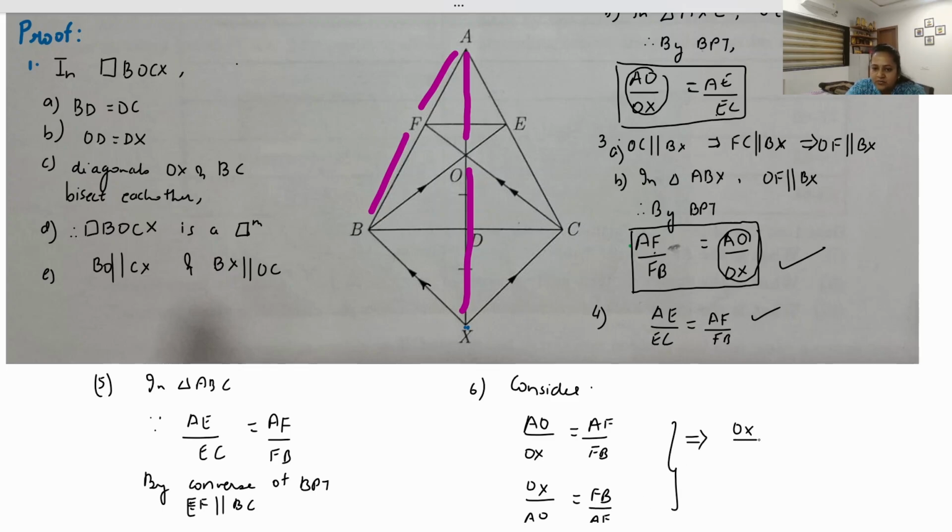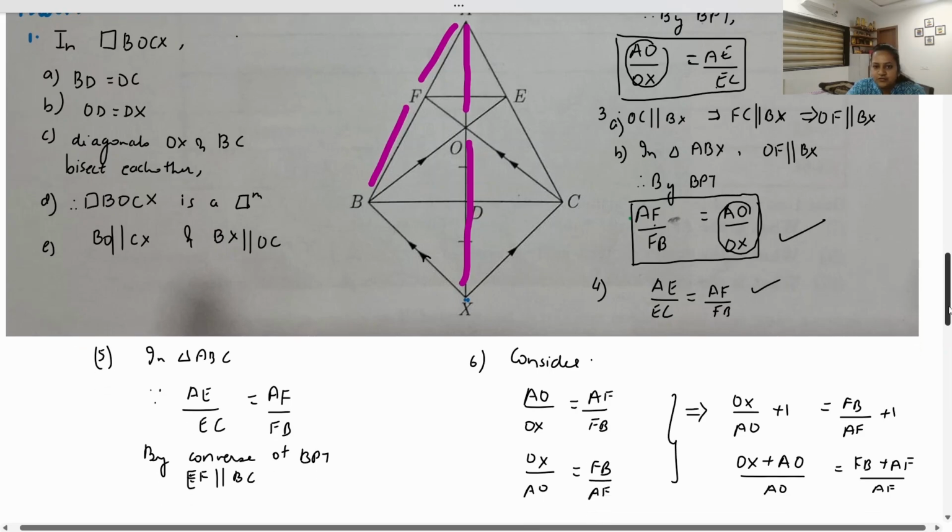And now we are going to add 1 on both sides. We've done this when we apply BPT. We know we can add 1 to both sides. And by doing so, I'm going to get OX plus AO upon AO is equals to FB plus AF upon AF.